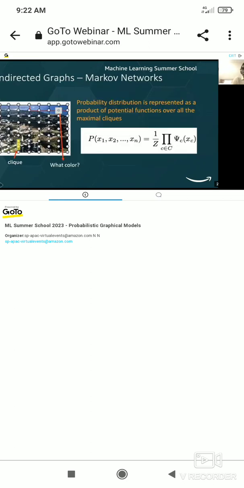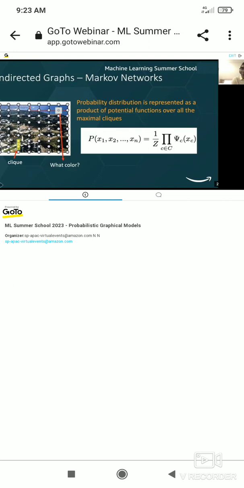Okay, so I'm going to take a brief diversion here. While we mostly remain focused on directed graphical models and Bayesian networks, I'm going to touch upon undirected graphs in this slide. As mentioned earlier, undirected graphs result from situations where a clear causal relationship cannot be established between the nodes.